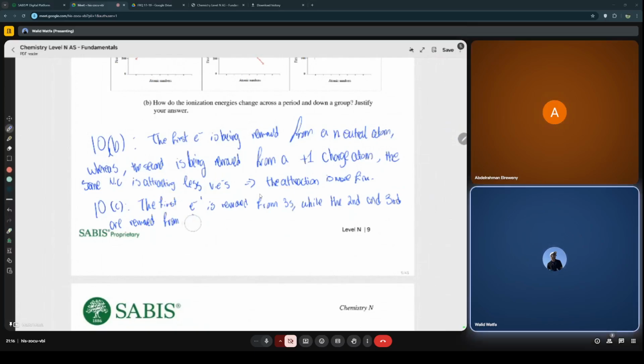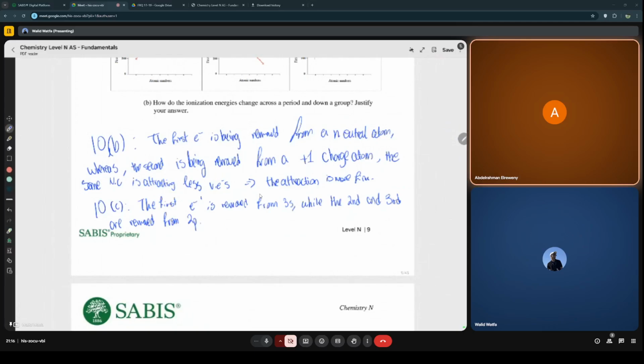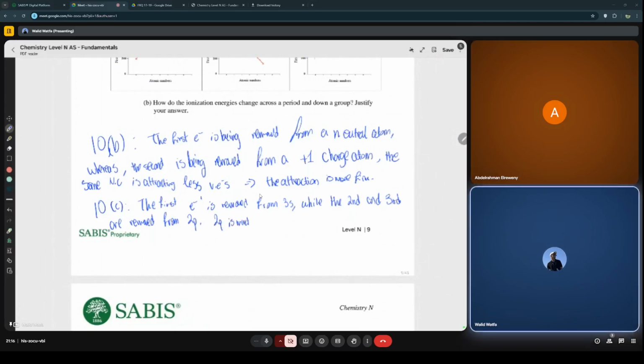You have to say 2p, don't just say p. 2p is much closer to the nucleus than 3s. Therefore, it requires more energy to overcome the nuclear attraction and remove the electron.